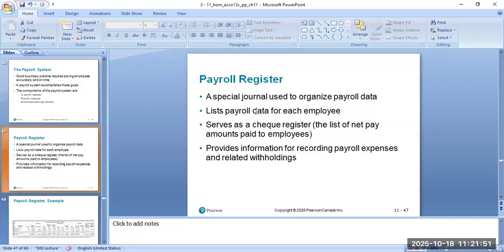It lists the address, social insurance numbers, date of birth, and everything like that. So this payroll register has very sensitive information, and you have to protect it. That will serve as a check register as well, and provide information for recording payroll expenses and related withholding.